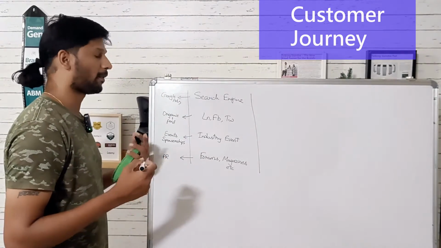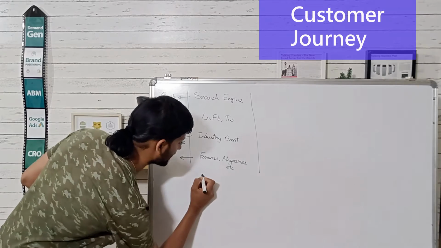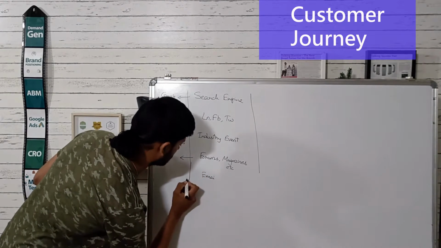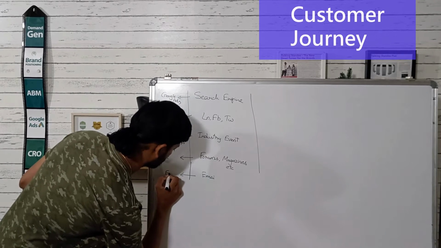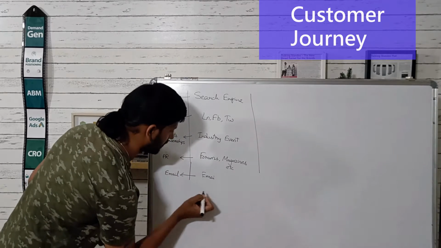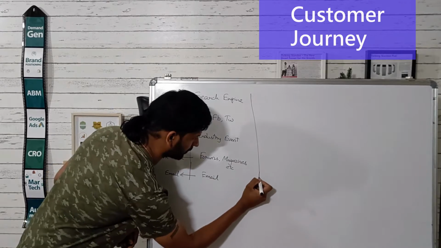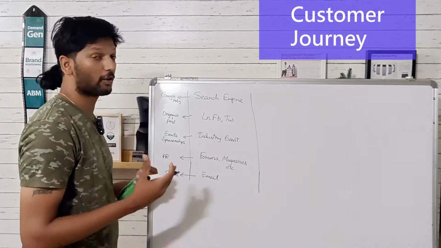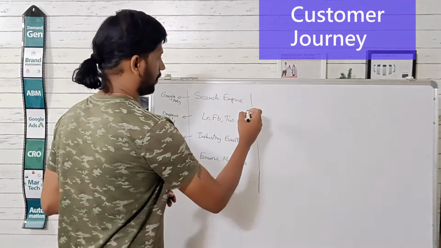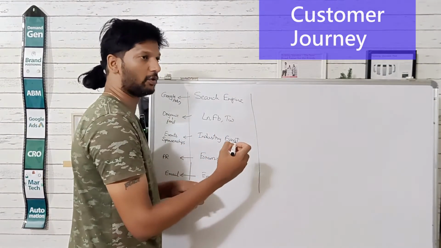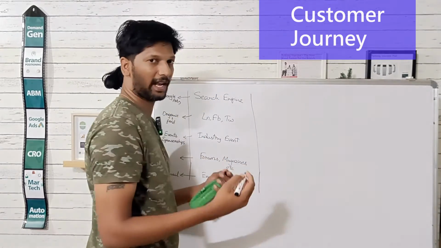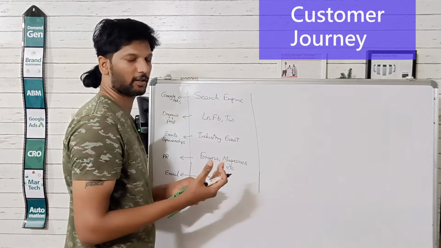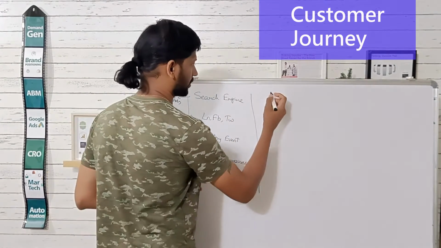On top of it, you can do some kind of email campaigns as well. So there are different ways where you can get the attention of your prospects. And then once they have the attention, you would be directing them to your website or your landing page, isn't it?